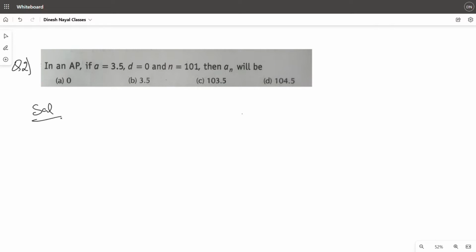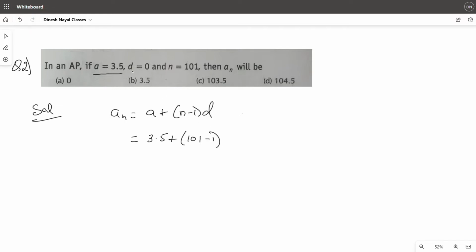So the solution: we know that the nth term AN equals A plus N minus 1 into D. Now substituting the values, A is 3.5, plus N minus 1, and N is 101, so this is actually 101 minus 1.